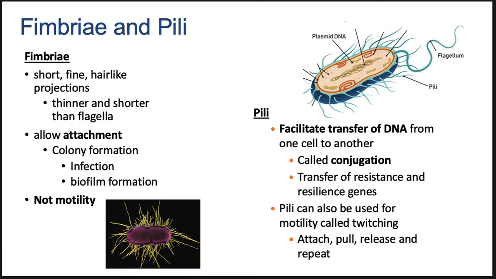But pili can be used to grab a hold of a surface and pull the cell towards it, and it can release and repeat this multiple times, and that can lead to a twitching type motility. So remember, fimbriae, never motility, pili, sometimes.